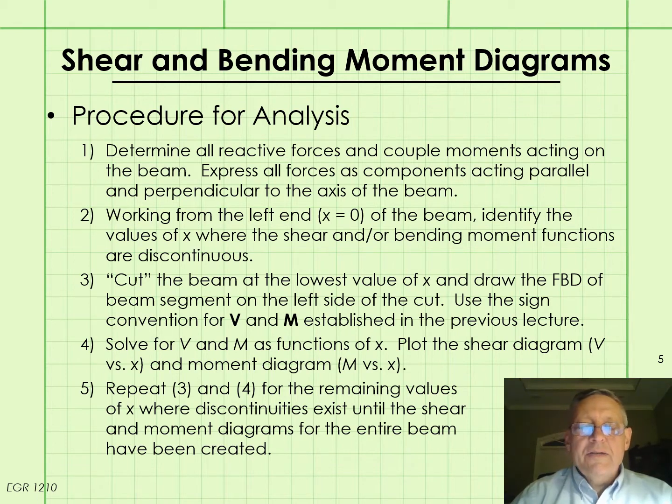And that is, we'll show the unknown shear force acting downward at the cut, and we'll label that V, and we will show the unknown bending moment at the cut acting in a counterclockwise fashion and label that M.